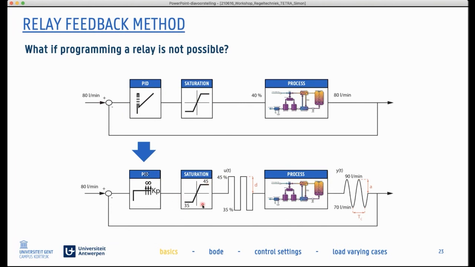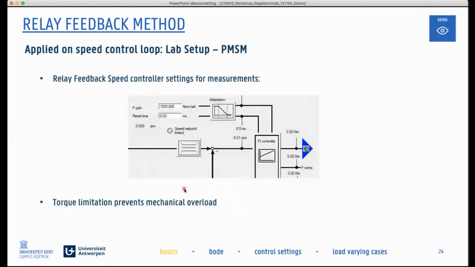We switch between 35 and 45% by setting up the saturation in a good manner. We disable the I, we disable the D, and we're only relying on the proportional gain Kp. And in that way, you can also do that measurement.